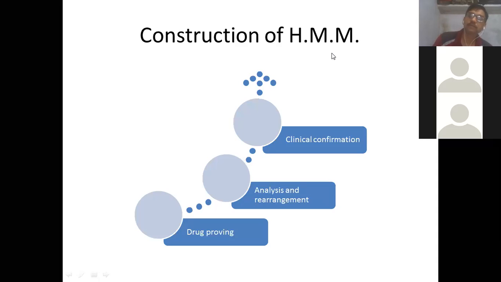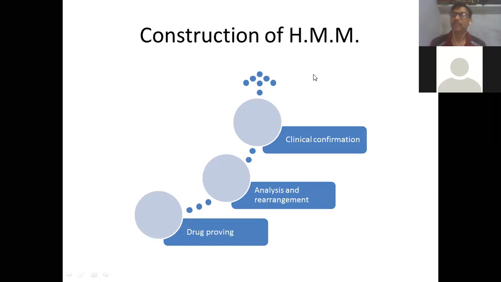Whenever drug proving is considered, the principle behind all this is similia similibus curanter. That means after taking a drug there will be certain alterations, and if that alteration is relieved after administration of that specific drug, it is retrospectively understood why Pulsatilla has relieved the symptom of thirstlessness, because of similia similibus curanter.